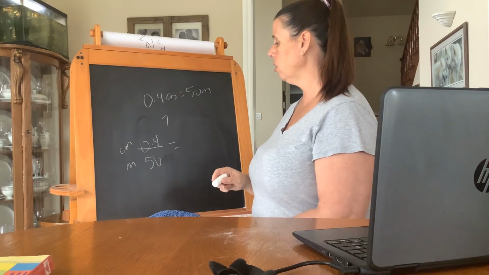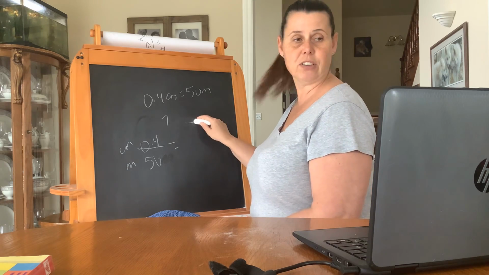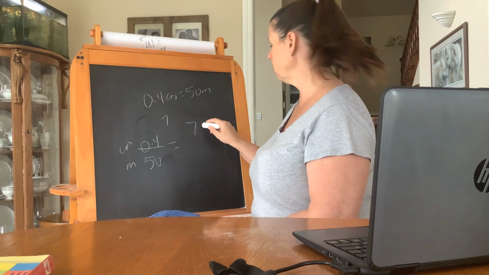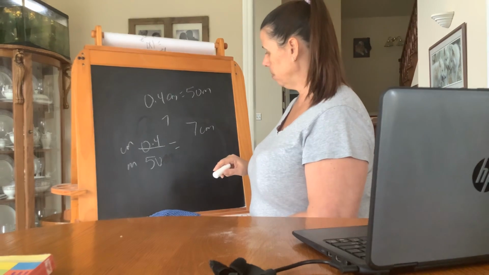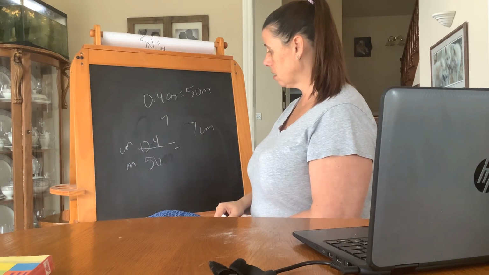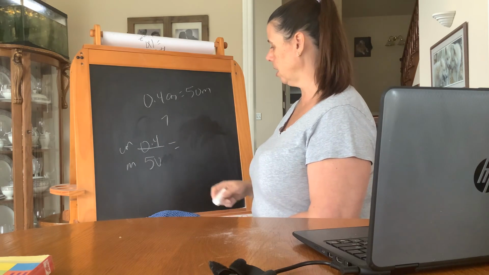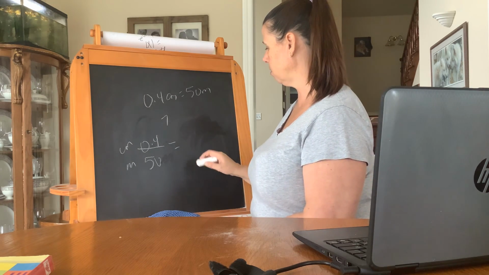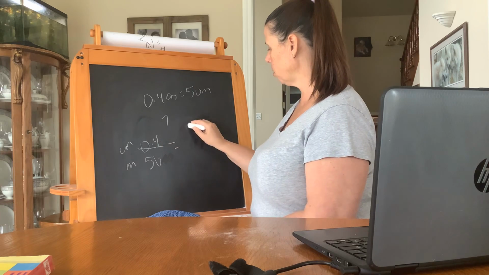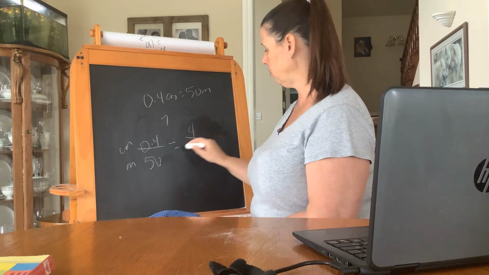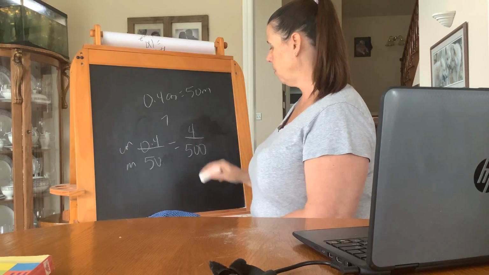They want to know how far 7 centimeters equals, right? Well, we've got to get rid of this. We can't have a decimal in it, so we're going to times them both by 10, right? So decimal 4 is going to end up being 4, and 50 is going to end up being 500.